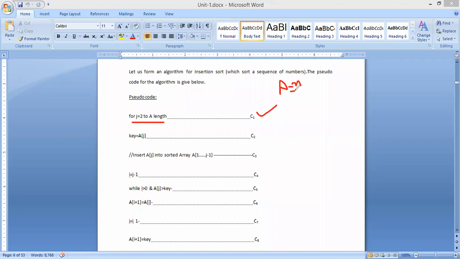If J starts from 1 to A, meaning 1 to n, this loop executes up to n minus 1 times. Clear? Each time we transfer our value to this key.